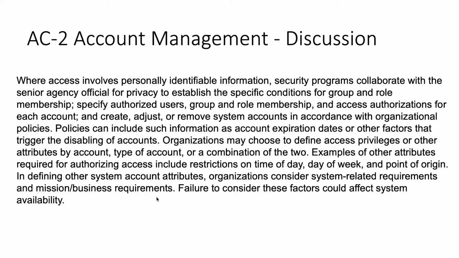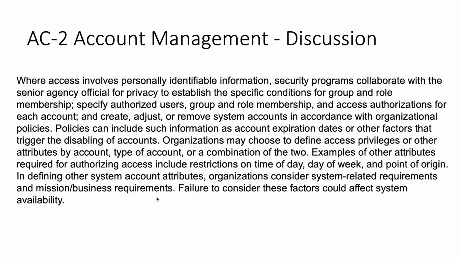Where access involves personally identifiable information, or PII, security programs collaborate with the senior agency official for privacy to establish the specific conditions for group and role membership, specify authorized users, group and role membership, and access authorizations for each account, and create, adjust, or remove system accounts in accordance with organizational policies. Again, security has to work with privacy.